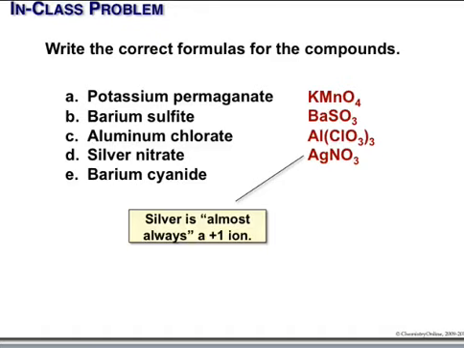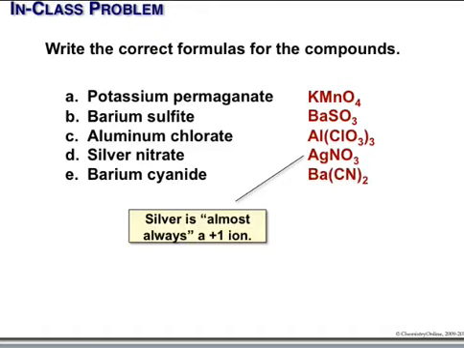Write it. This one's important. Make sure you write this right. We have to make sure we convey that we have 2 cyanides for every barium. Therefore, we're going to put cyanide in parentheses, like we did here, with a subscript of 2.